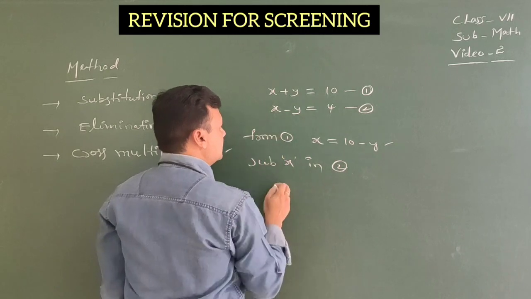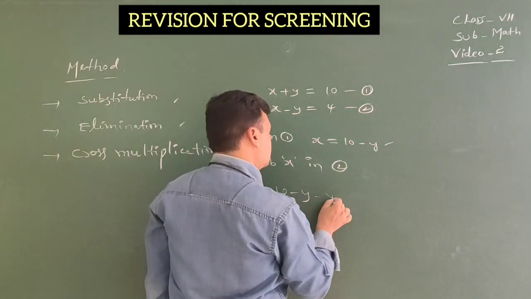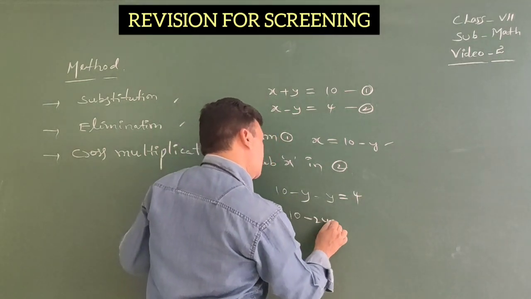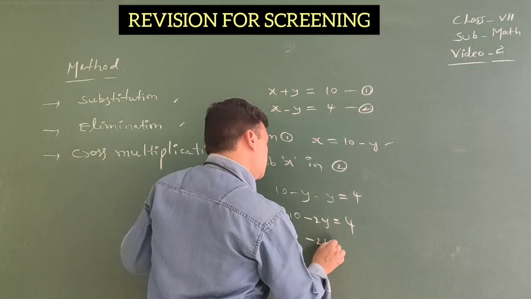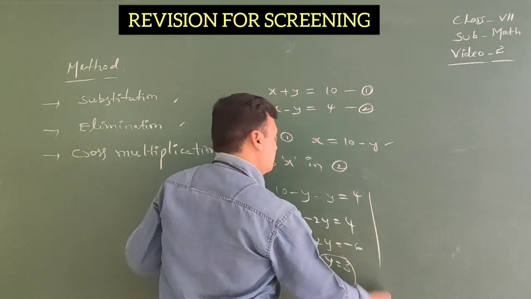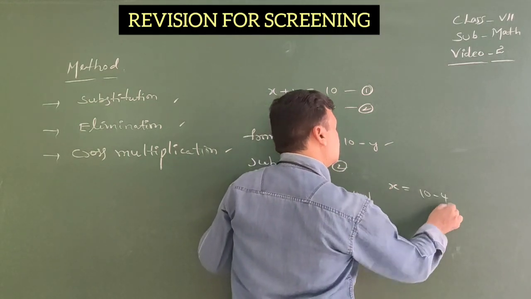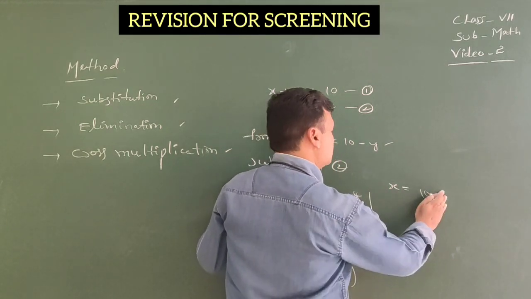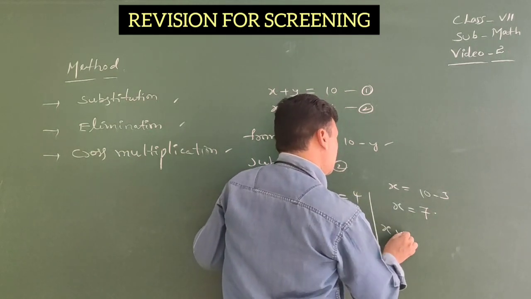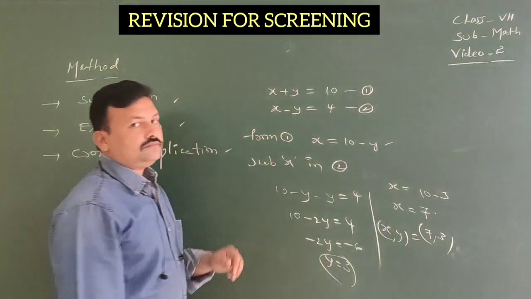Here, instead of x, 10 minus y, minus y equal to 4. Here 10 minus 2y equal to 4, minus 2y equal to minus 6, y equal to 3. Then x equal to 10 minus 3, that is 7. Here the solution is 7 comma 3.